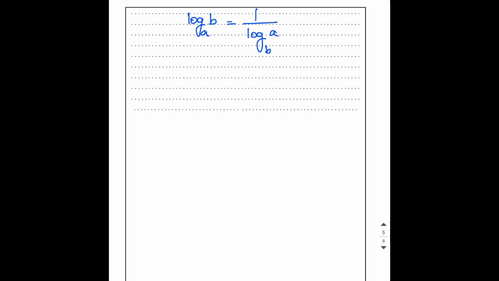Now here I have log base x of 5. That means I can write this as 1 over log base 5 of x. So now let's put it back into the equation.